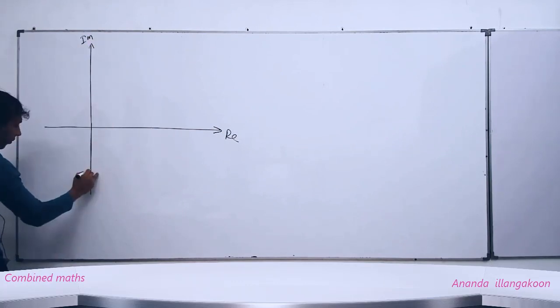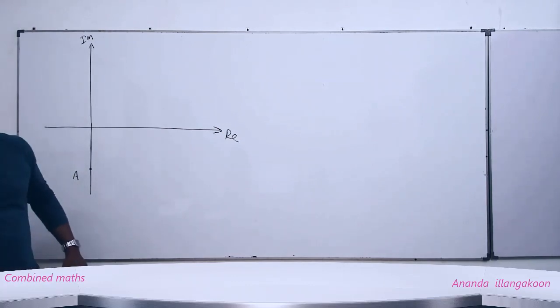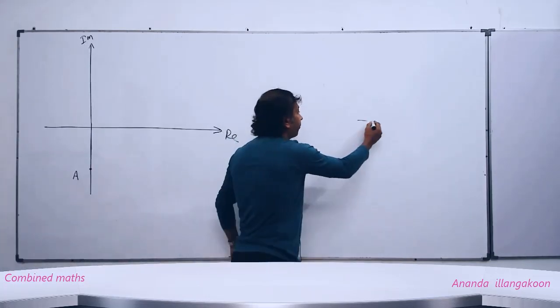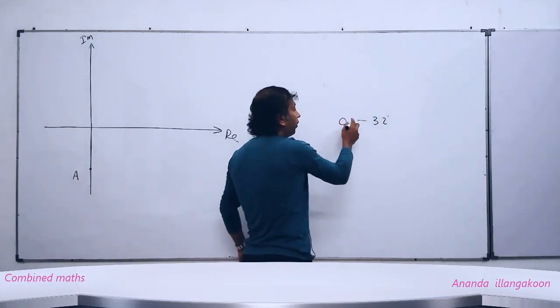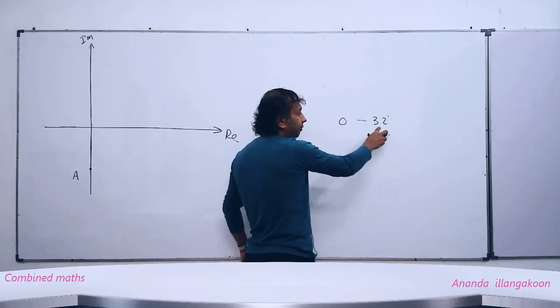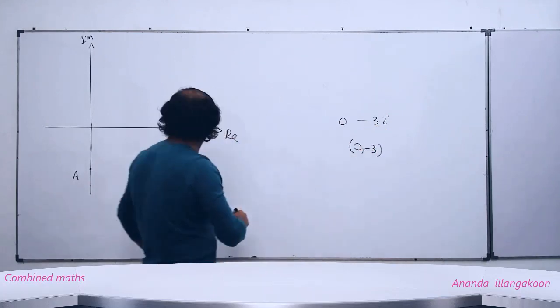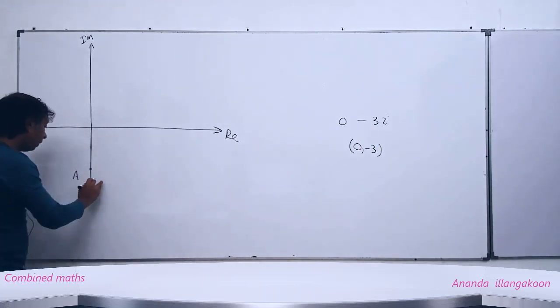Here we have point A. The points A and B represent complex numbers minus 3i and 4. Point A represents the complex number minus 3i. Minus 3i means the complex number is 0 minus 3i, no? Real part 0, imaginary part minus 3. The point that represents it is (0, minus 3). This is the complex number minus 3i.